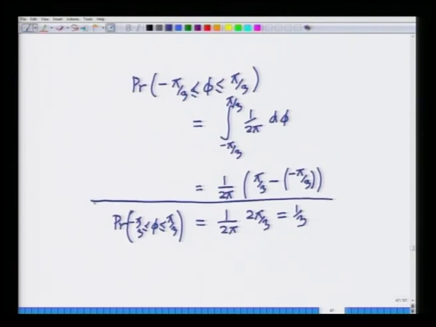Thus, having characterized the statistical behavior of this complex fading coefficient, we are in a better position to understand a lot of aspects about the behavior of this wireless communication system, especially in terms of the magnitude, which determines the attenuation of the received signal, and also the phase, which describes the phase offset of the received signal.